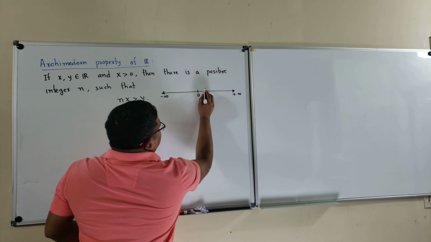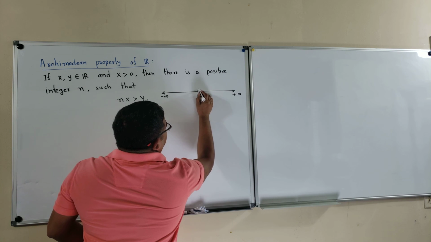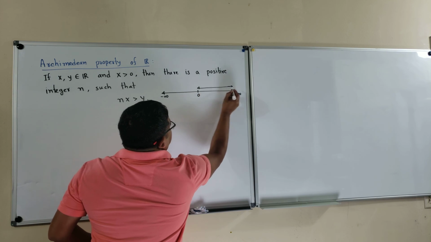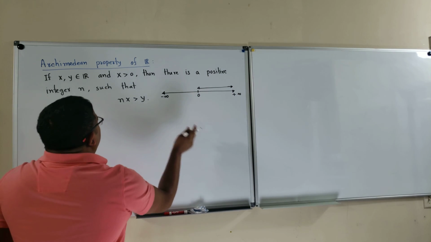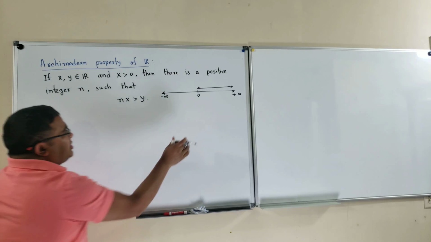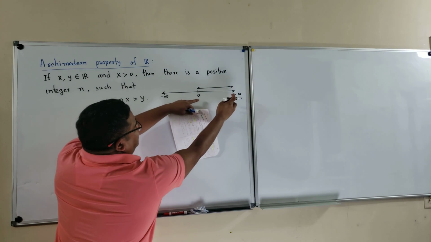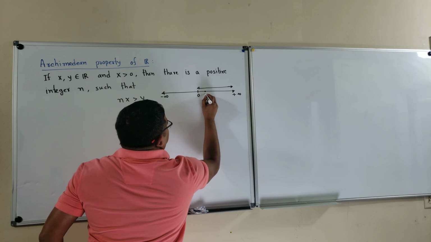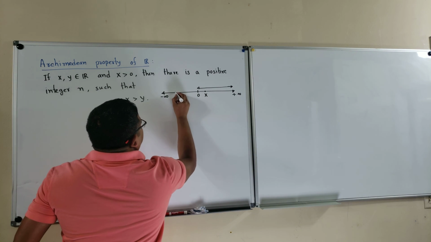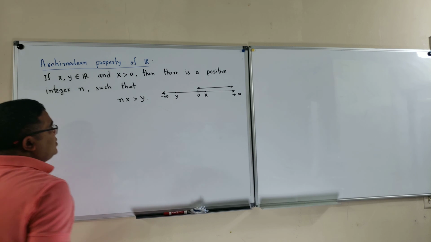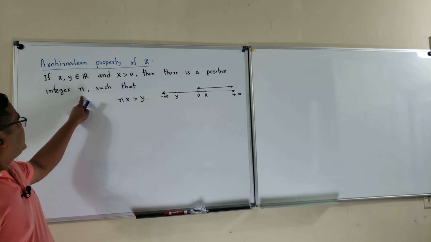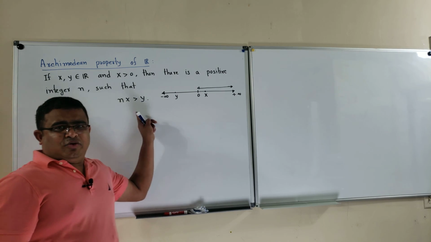So, you can guess x anywhere in this interval, and y can be anywhere, either this interval or that interval. Suppose x is here and this is y. Now, we need to prove that there is a positive integer n such that nx is more than y.